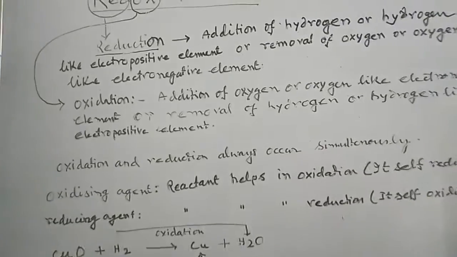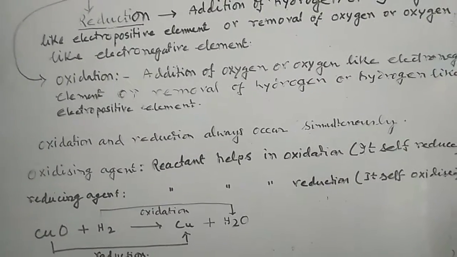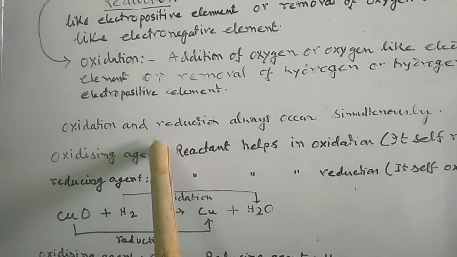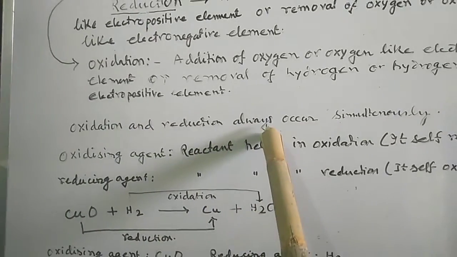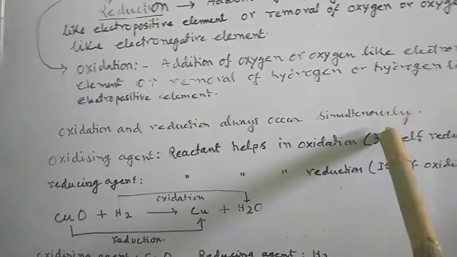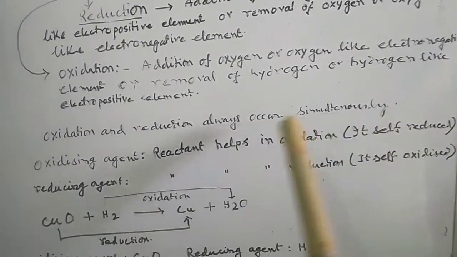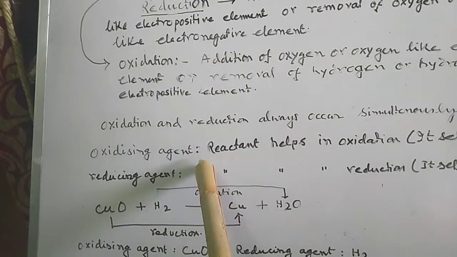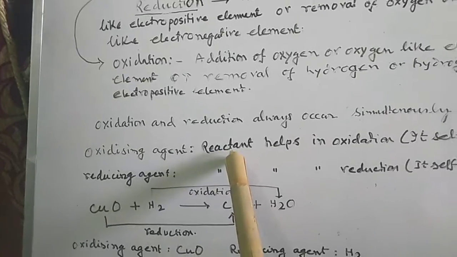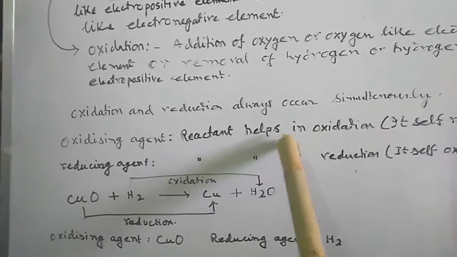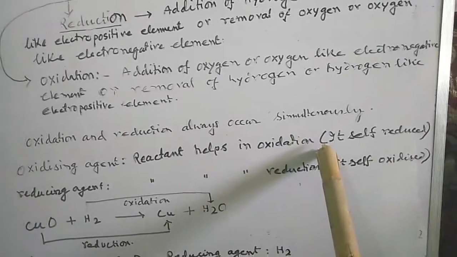Now in a chemical reaction, only oxidation or only reduction cannot occur. Oxidation and reduction always occur simultaneously. Now, the oxidizing agent: please note that the reactant that helps in oxidation is called the oxidizing agent.